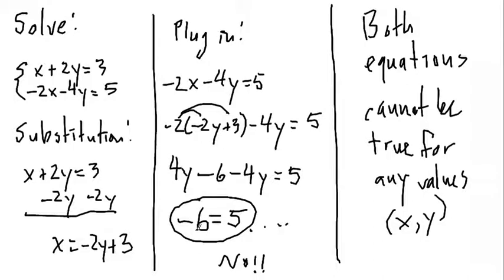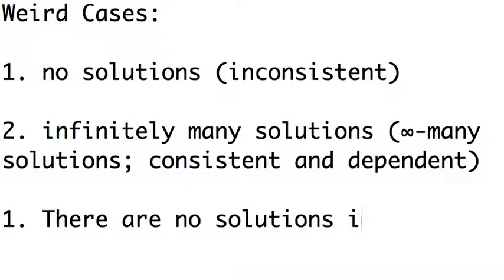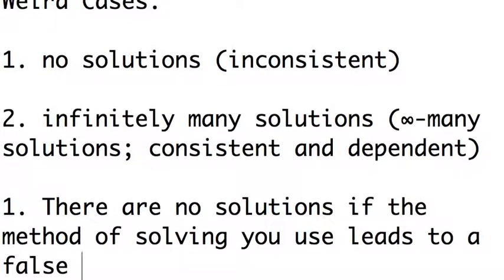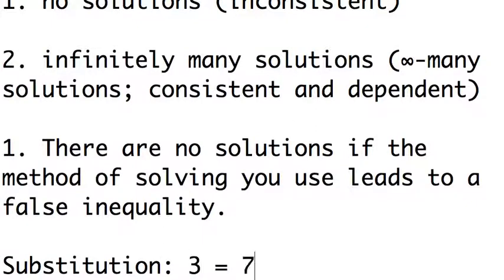So let me describe what is going on in general then. 1. There are no solutions if the method of solving you use leads to a false equality. And when it comes to substitution, you'll often just have some number equal to some other number that are not equal, so that's false.